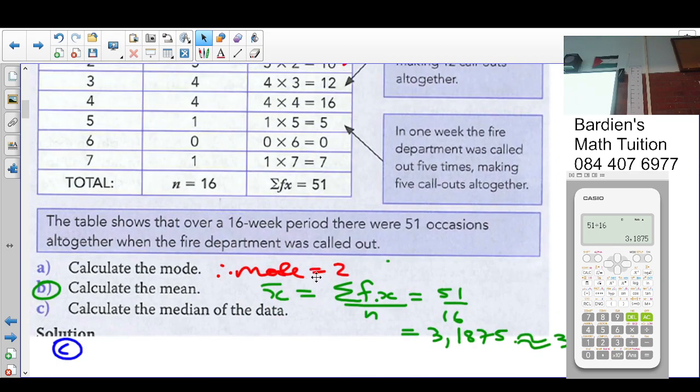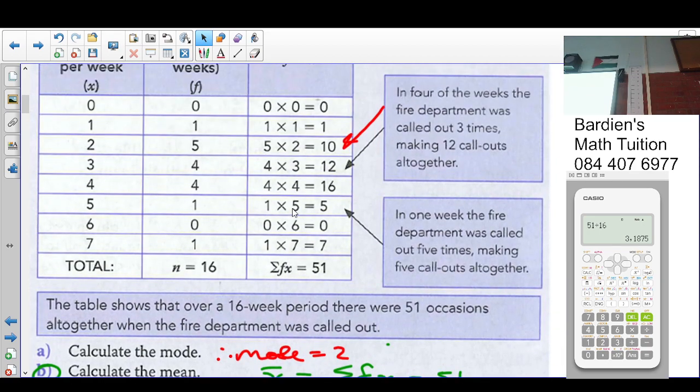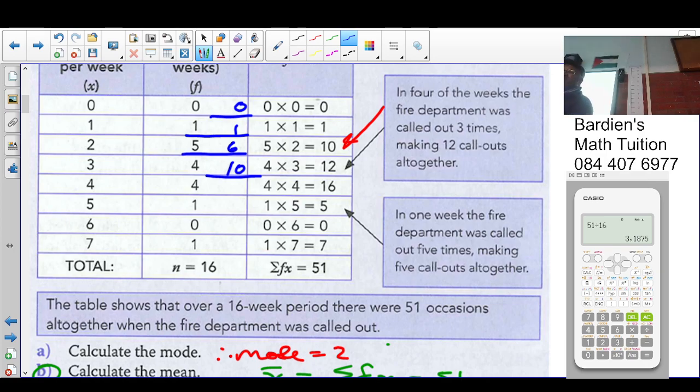I'll show you another way if you don't understand this. So just give me a chance. At the end of this class here, I've considered how many entries? 0. At the end of this class, I've considered 1. At the end of this class, 6. 6 weeks I've considered. Okay, at the end of this class, 10. But we're looking for the 8th and 9th number.